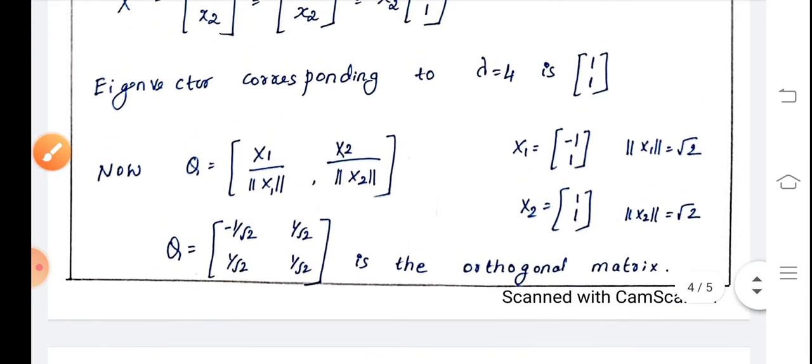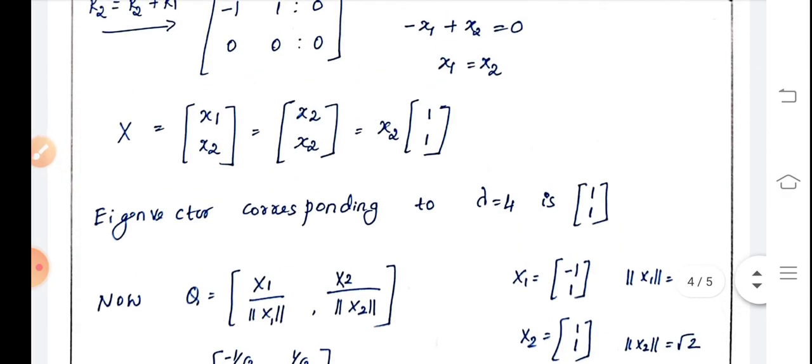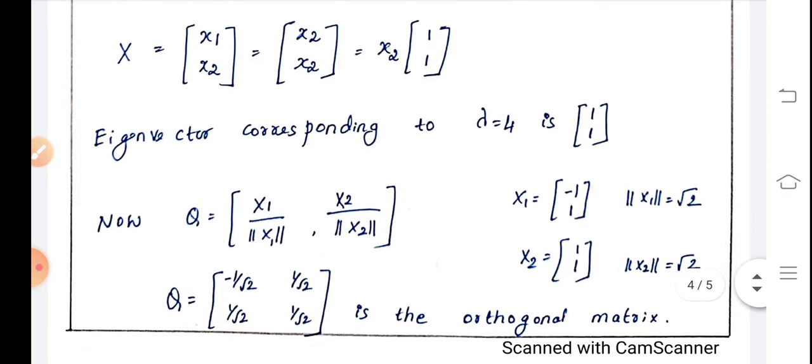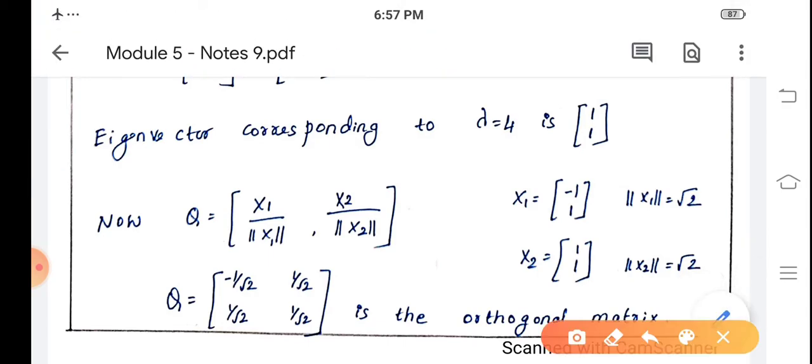Now we need to find the orthogonal matrix Q that diagonalizes the given symmetric matrix. To find the orthogonal matrix, we have to find the matrix Q with orthonormal columns. To get the orthonormal columns, here we have obtained two eigenvectors, x1 and x2.